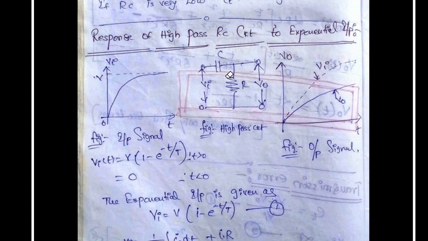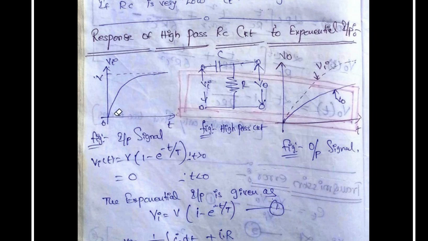Because of that, the voltage across the resistor is also equal to 0. Therefore, for t less than or equal to 0, the output response is also equal to 0, because the capacitor does not respond to the 0 input signal and there is no flow of current through the resistor R, so the output response is 0.